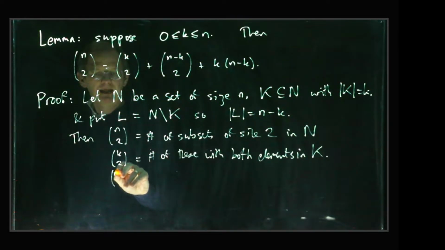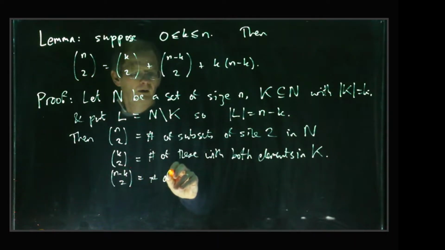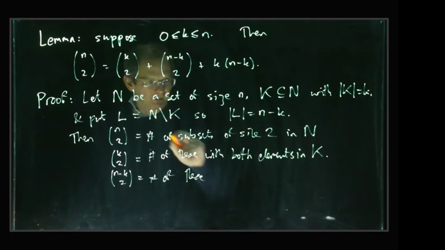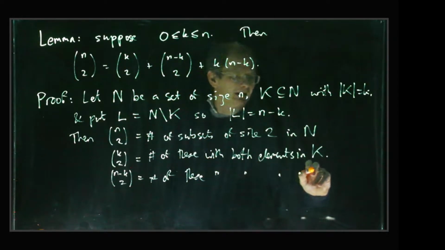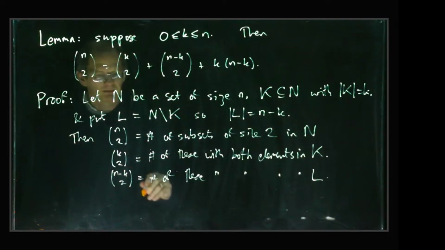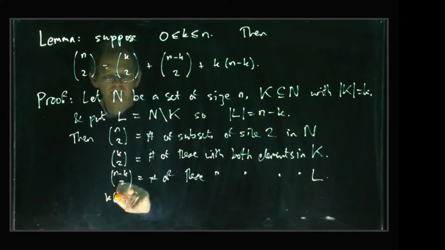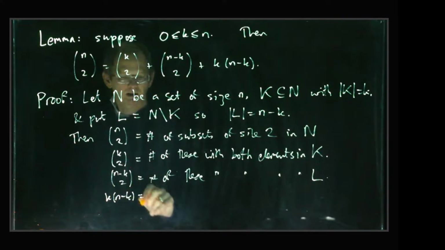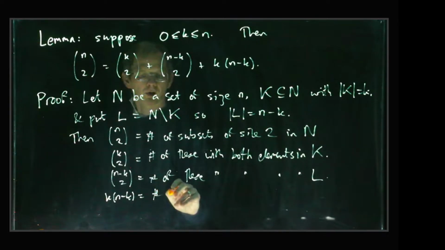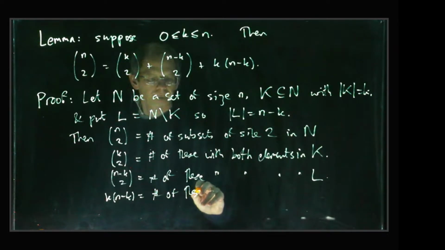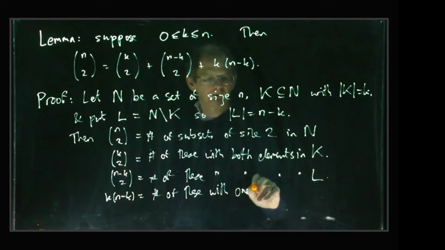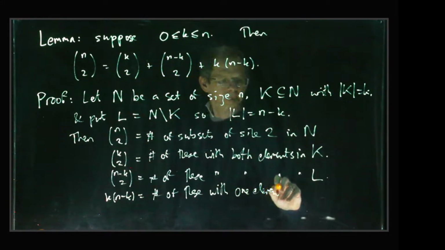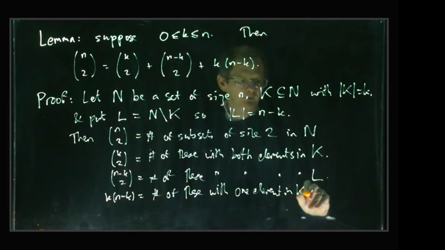And similarly, n minus k choose 2 is the number of these subsets of N with both elements lying in L. And k times n minus k is the number of these with one element in K and one in L.